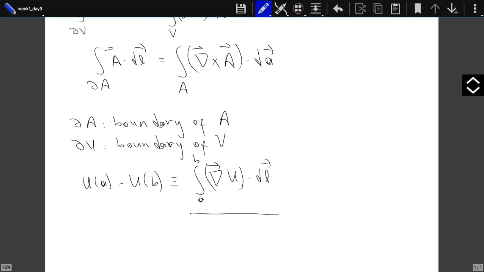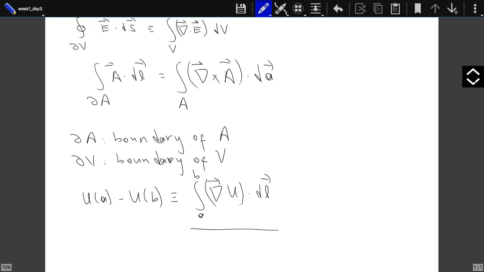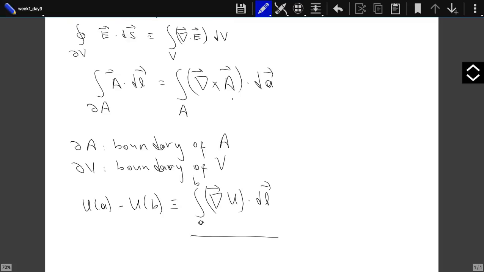So basically, in all three of these relations, you have an integral over a region, where the integrand is some kind of a derivative, either a divergence, a curl or a gradient, and that integral you can write in terms of the boundary.